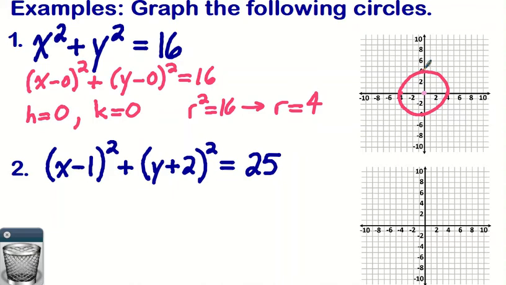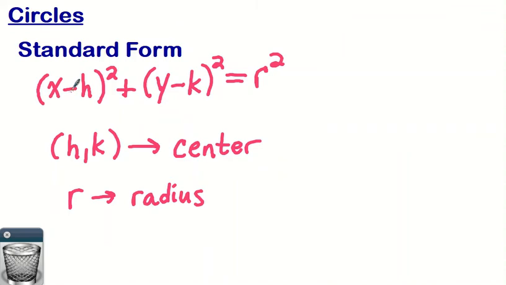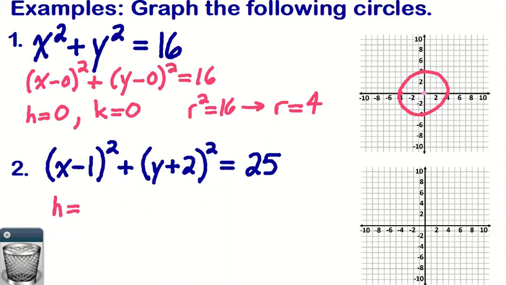Number 2 is also pretty easy. It's already in standard form. So what's h? Remember, there are negatives built into the form. So wouldn't this make h just 1, and wouldn't that make k negative 2? Yes, it would.